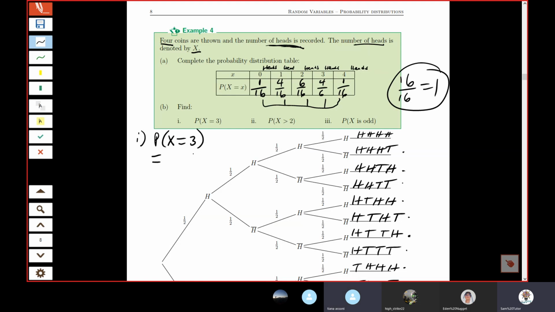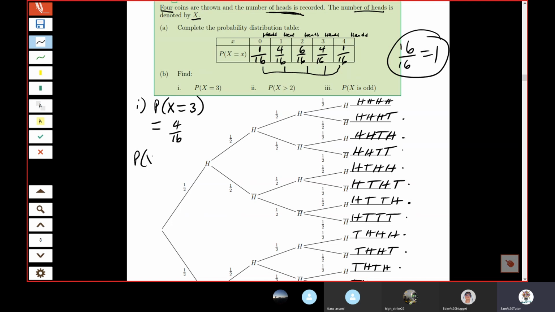The probability where the number of heads must equal 3: 4 over 16. Do you get that? Yeah, that makes sense now. It's very simple. It's just literally that.